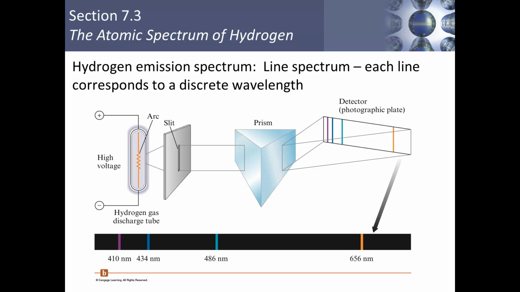With hydrogen, we don't get a continuous spectrum of visible wavelengths. We get discrete wavelengths of light. We get 410 nanometers, 434 nanometers, 486 nanometers, and 656 nanometer wavelengths of light.